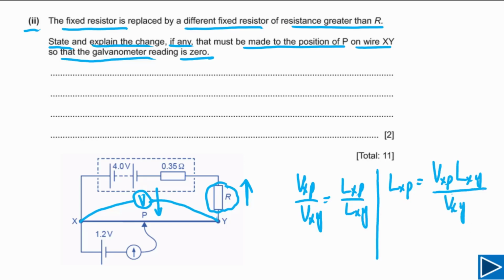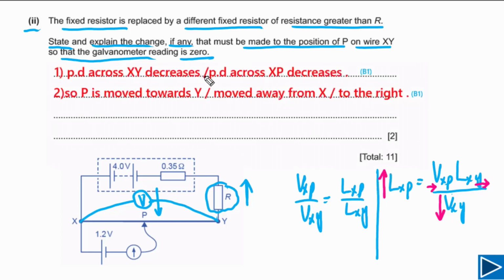But if you look at this question, it is given to us that Vxp is not changing. We want the same Vxp. Lxy, the length of the wire, is also not changing. But Vxy has decreased. So if this has decreased, Lxp has to increase. This is how you can write down your answer.